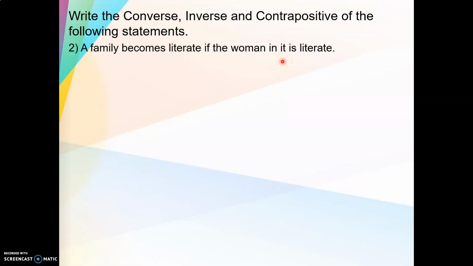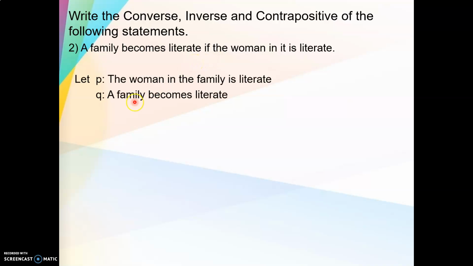So we have to name according to the first happening thing as P and the second one as Q. If the woman in the family is literate, then only the family becomes literate. So P is the woman in the family is literate, and Q is a family becomes literate.